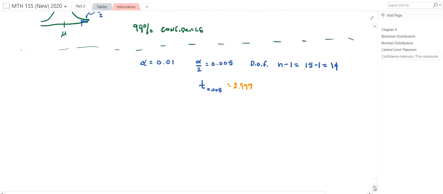Okay, so now my confidence interval, I'm going to write this a little different than I did before. Not with the equal sign, but I'm going to write it this way. It's going to be x bar plus or minus our margin of error, which is going to be t of 0.005 times s over square root of n. Just simply that.